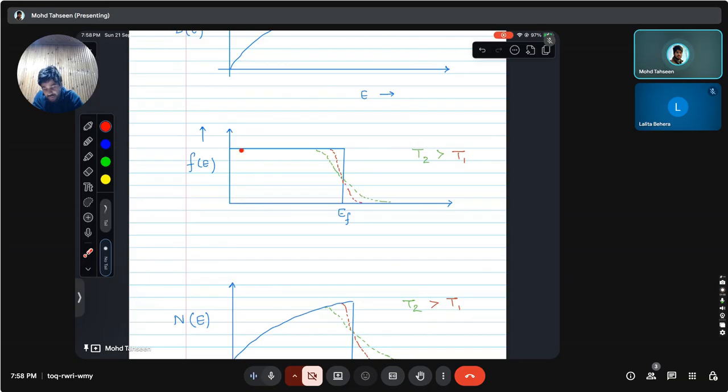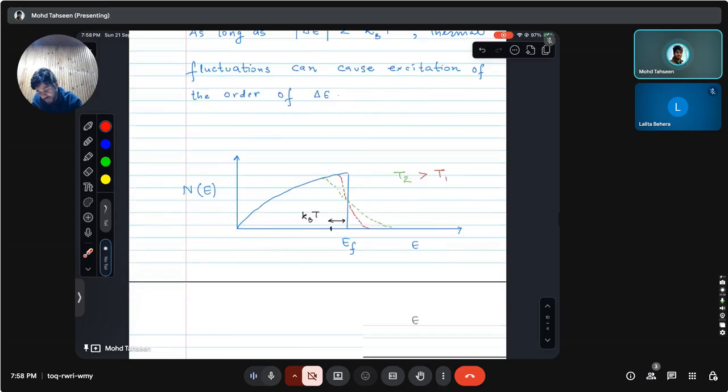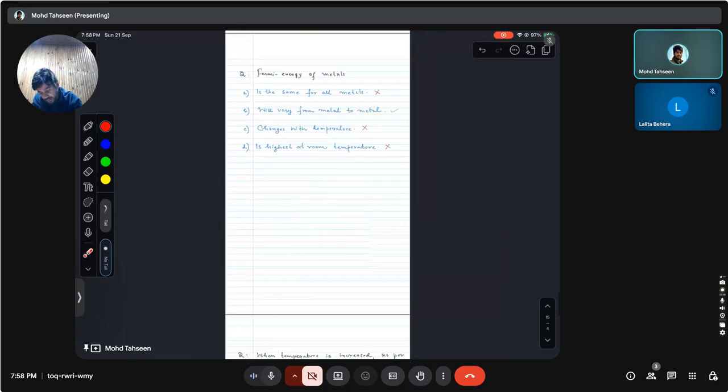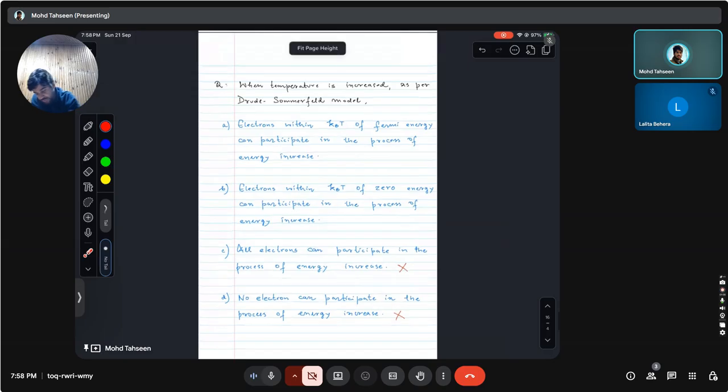When we change the temperature, it's only the electrons within kBT of the Fermi energy, because they can jump easily and the next states are unoccupied. The others require a much larger jump. So option B is wrong, and the correct option is option A.